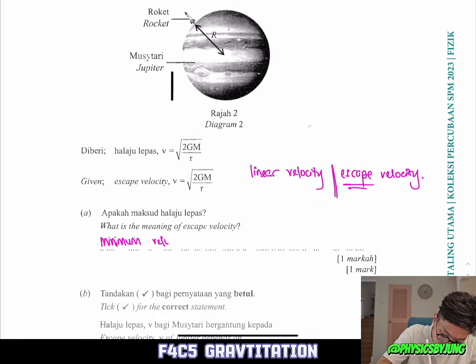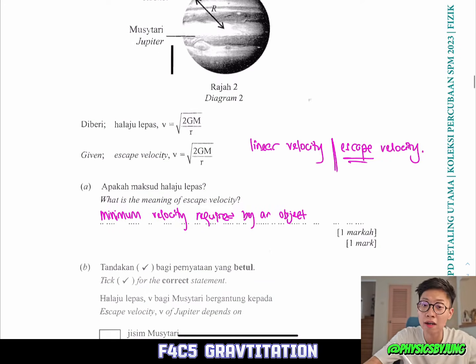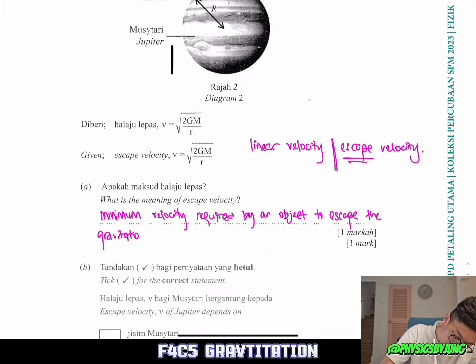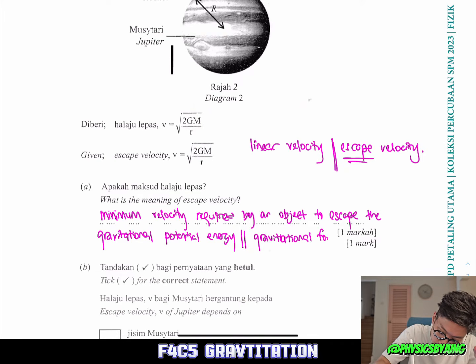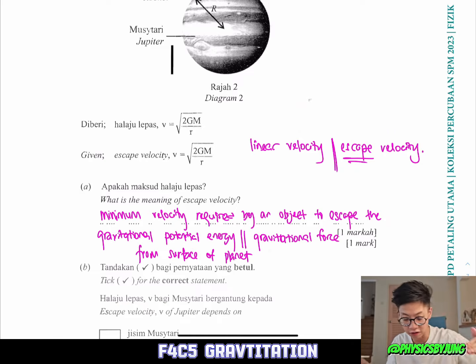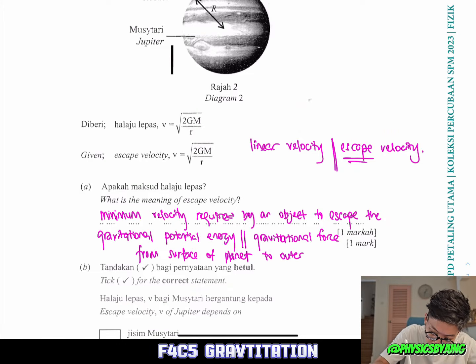So what is the meaning of escape velocity? This is the minimum velocity required by an object, so it could be a rocket, or a person, or any object, to escape the gravitational potential energy, or you can also say to escape the gravitational force from the surface of a planet, to outer space.